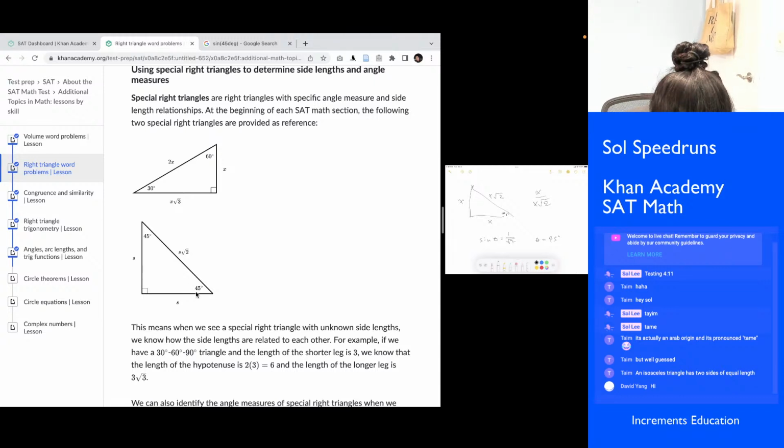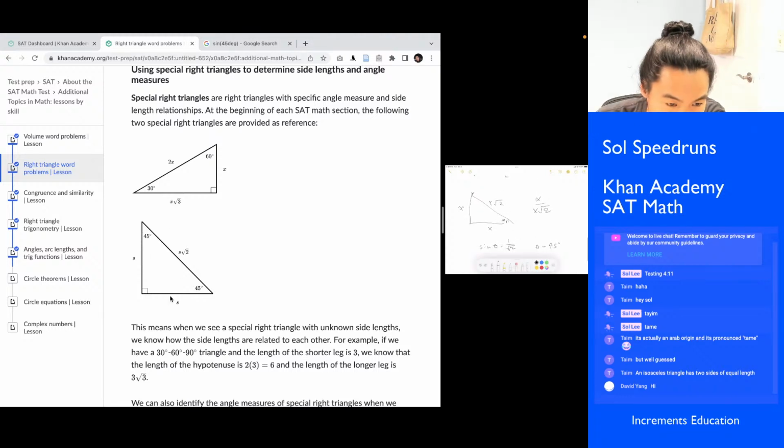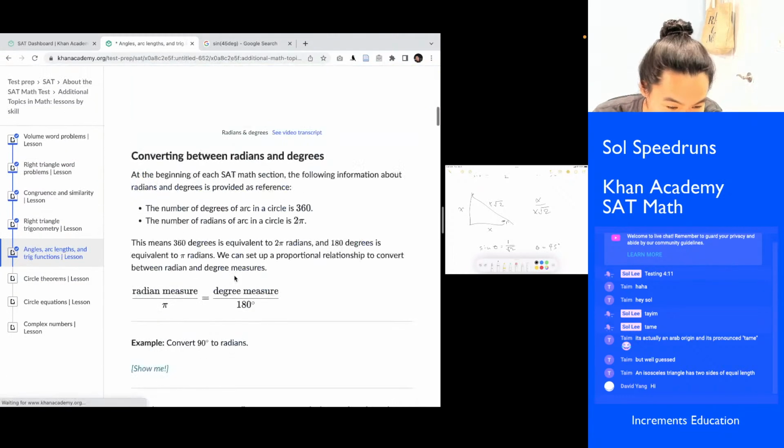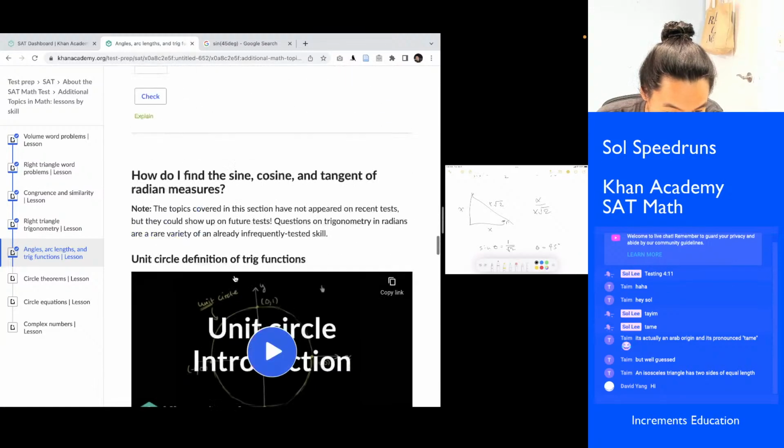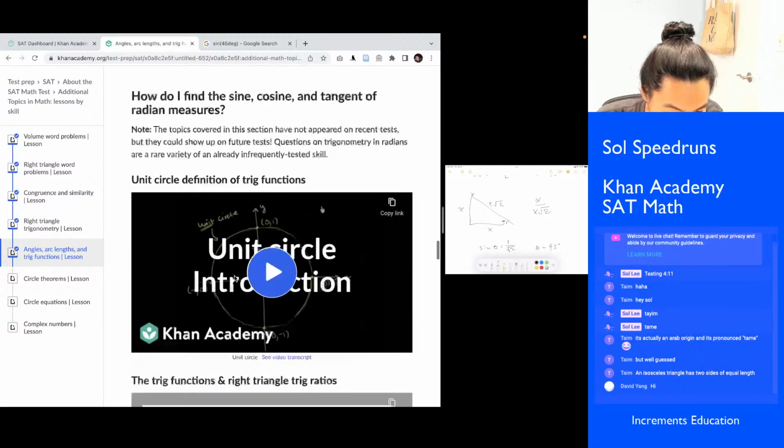So sine of this is SOHCAHTOA, so opposite over hypotenuse. So it should be 1 over square root of 2. What the? Am I insane? What happened?